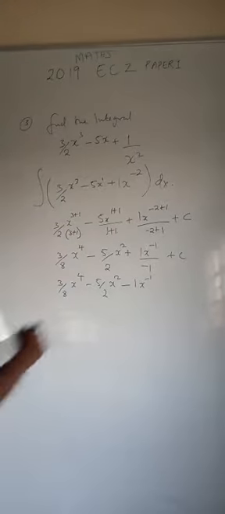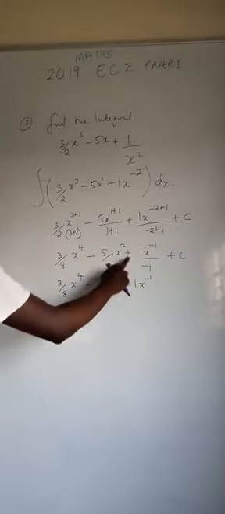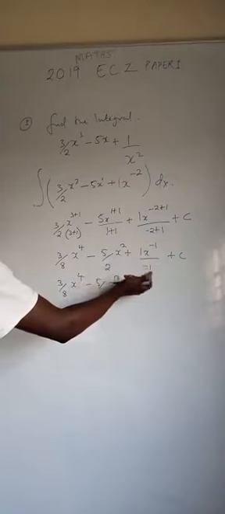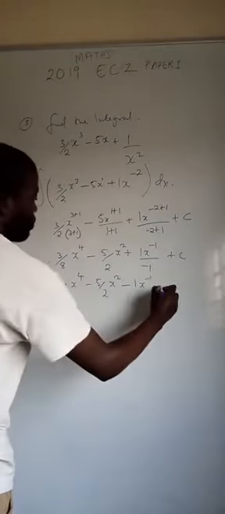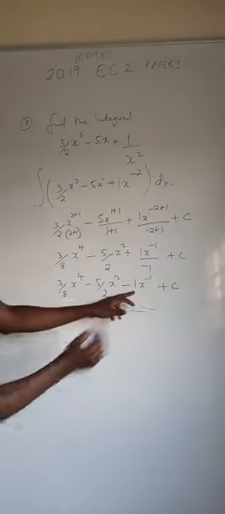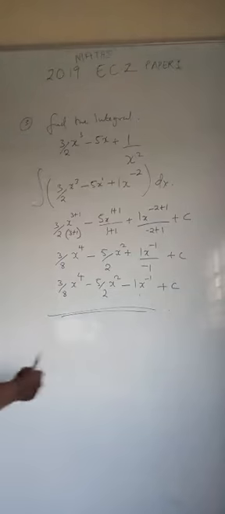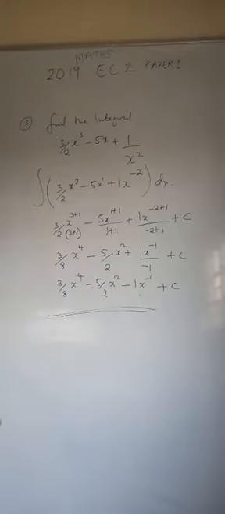Since any number over 1 is as good as I don't put 1 down, so plus c. It will be like this. I'm not going to put over 1, because this positive and this negative have formed a negative 1 here. So that's how you integrate this. As simple as that. Then you get your 2-3 marks.